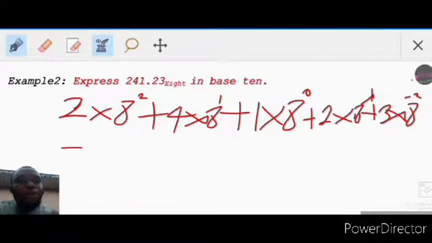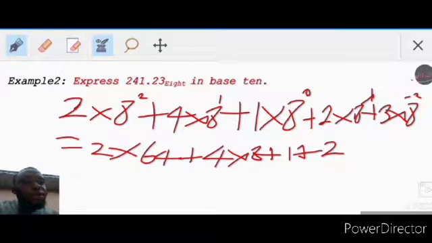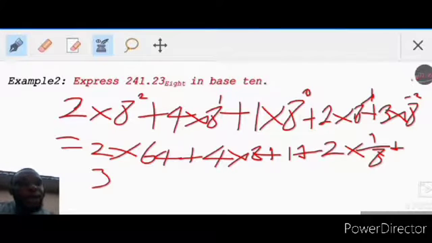Which will give us 2 times 64, plus 4 times 8, plus 1, plus 2 times 1 over 8, plus 3 times 1 over 8 raised to power 2.